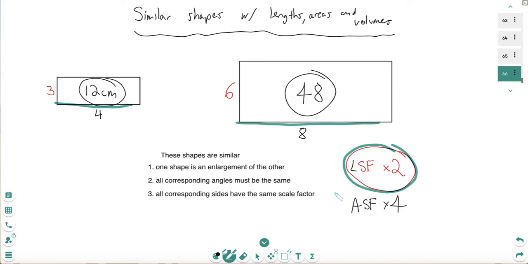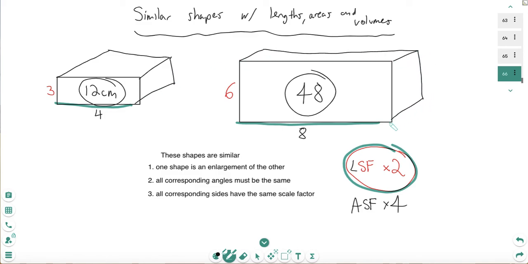Okay? And then let's pretend we're going to make this shape into a rectangular prism, a cuboid. Let's give this side a value. Let's say it's 5. Well, if this side is 5, its corresponding side must be 2 times bigger.